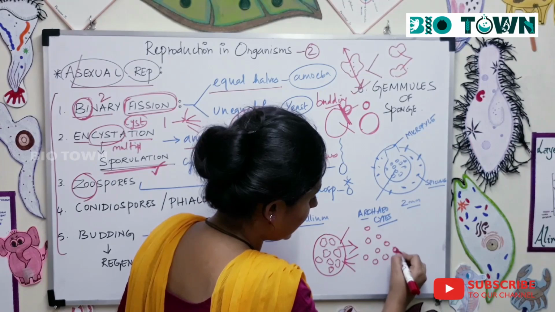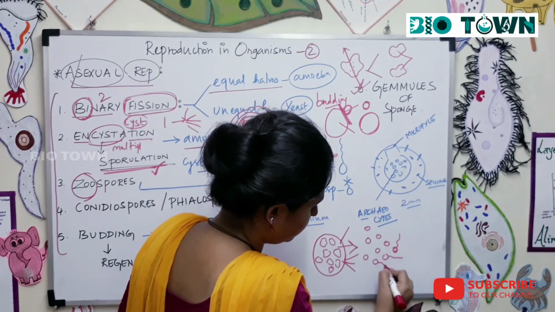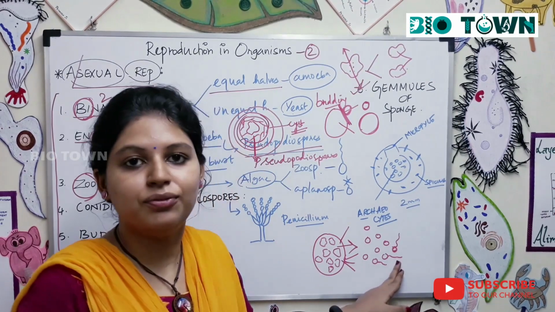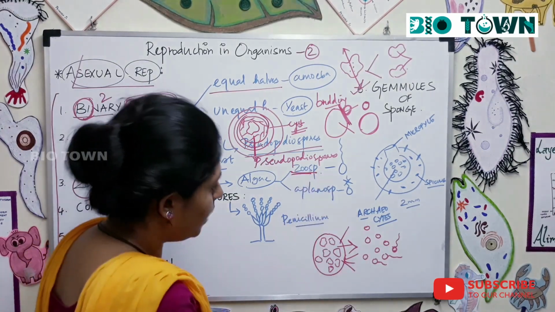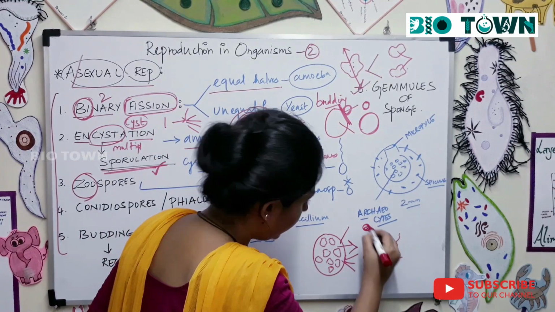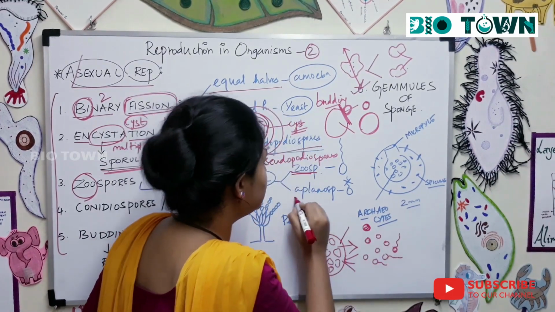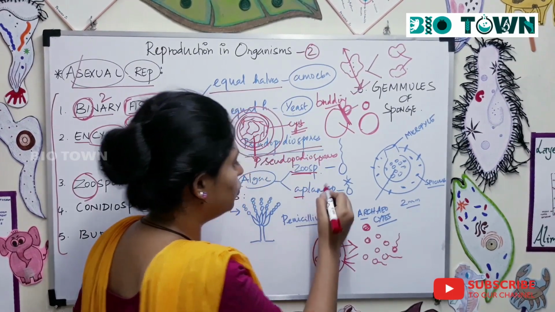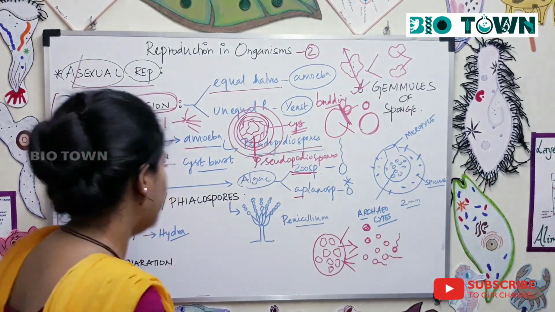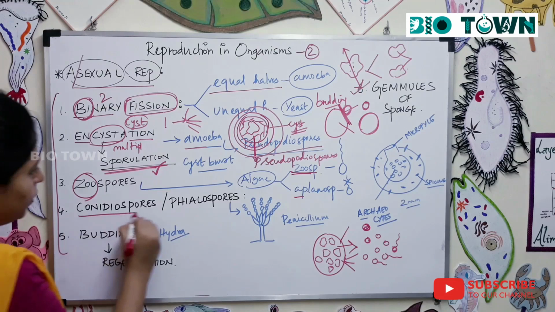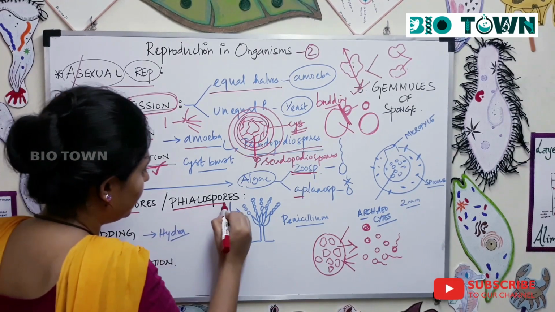When these cells are motile, which means they have flagella for swimming, they are called zoospores. And when these cells are devoid of flagella, you call them aplanospores. Next, we're going to talk about conidiophores or hyalospores.